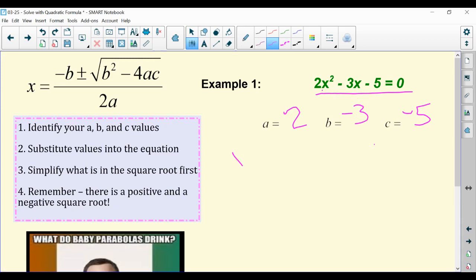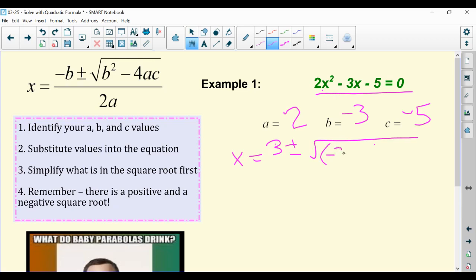All right, so x equals negative b. Well, my b is already negative, so remember, that means I'm going to use the opposite sign. So that's actually going to now be a positive 3. Positive 3 plus or minus the square root of b squared minus 4ac.